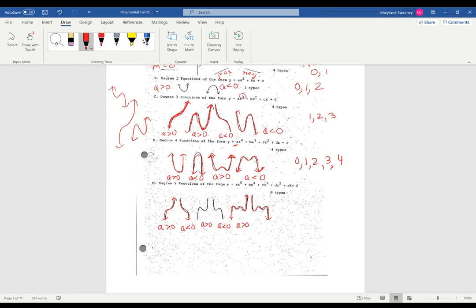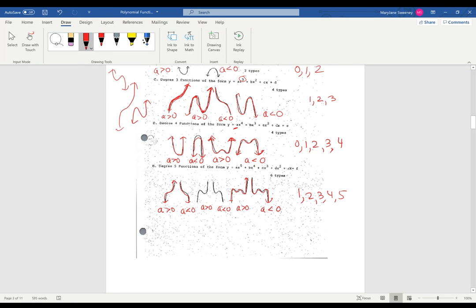Ends down, A is negative. So the only difference between a degree 5 polynomial and a degree 3 polynomial is the degree 5 can hit the x-axis up to 5 times. So that's why it can get a little more wiggly in the middle. 1, 2, 3, 4, or 5 real zeros or x-intercepts.